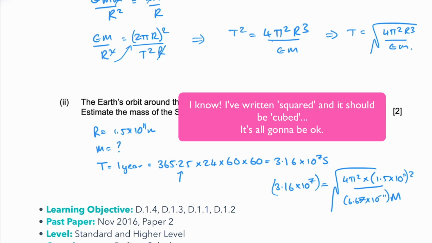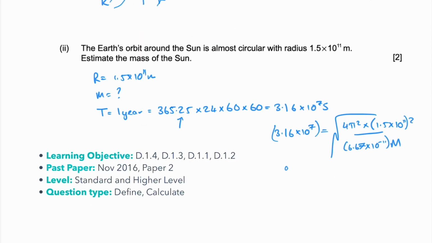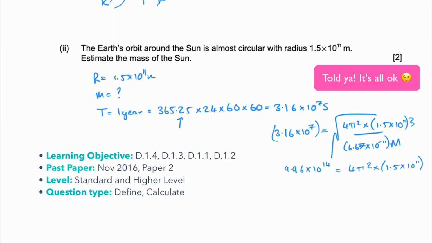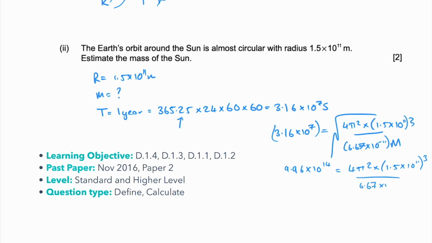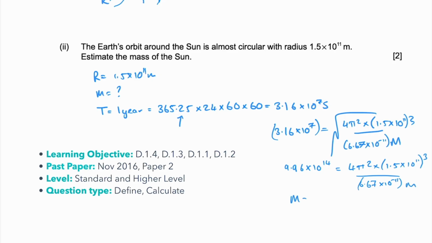Gosh, okay, let's square both sides. We've got 9.96 times 10 to the 14 equals 4 pi squared times 1.5 times 10 to the 11 cubed over 6.67 times 10 to the minus 11 M. Right, we're going to do some serious maths here.